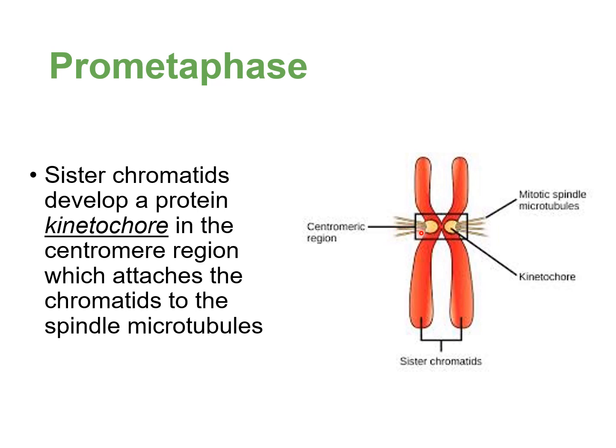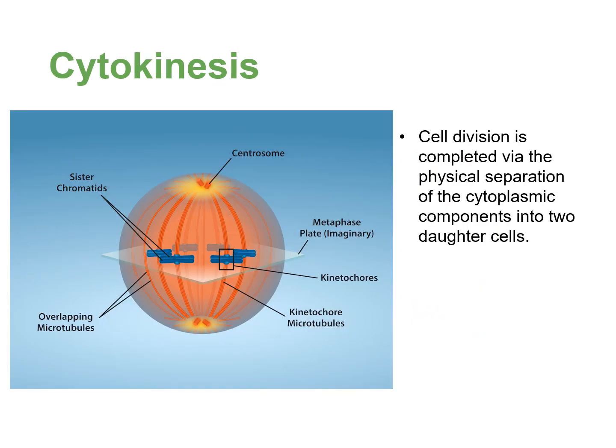This is what these microtubules, these like little lines coming off, are attaching to pull these guys off to either end. Okay, so these are the sister chromatids here, and they're basically just going to be separated, and that's when they're a chromatid.